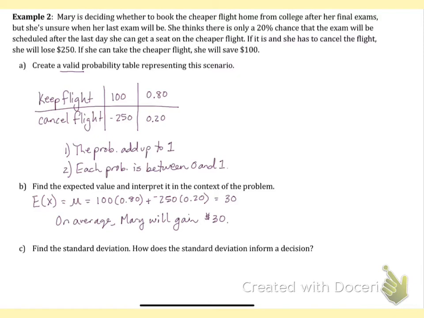Now for the standard deviation. The standard deviation is going to calculate the spread for this scenario. So we will take each outcome, subtract it from the mean, square it, and multiply it by its probability. And we're going to add these together.